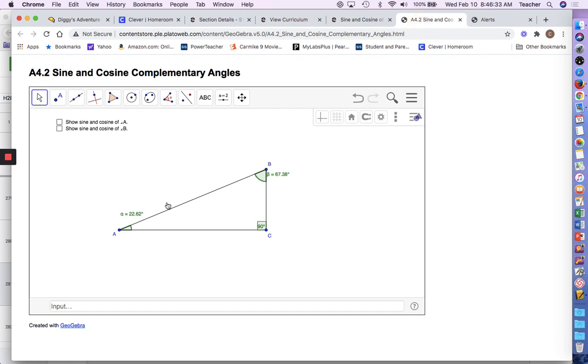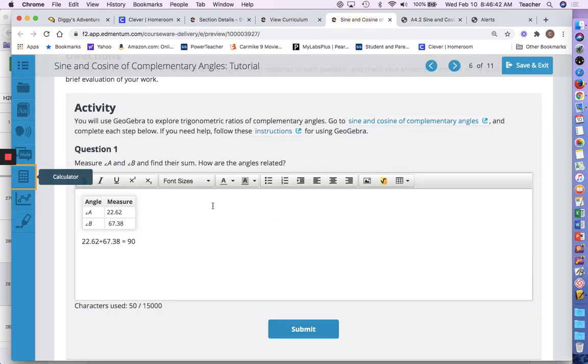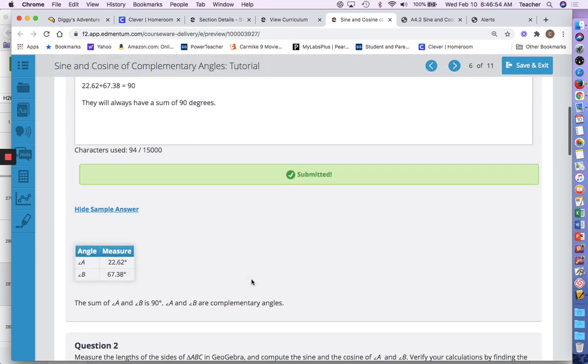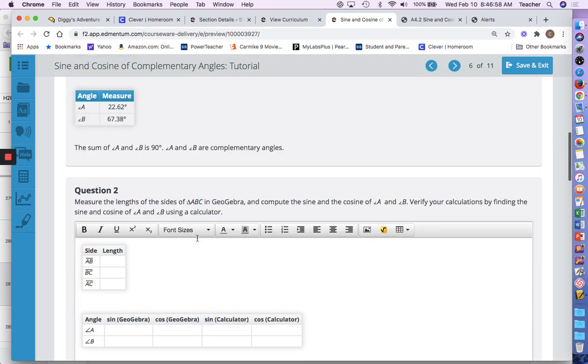They're related because no matter what kind of a right triangle you have, the other two acute angles will always add up to be 90 degrees. All right, so I'm going to submit. All right, so 90 degrees, there you go. They add up to be complementary.